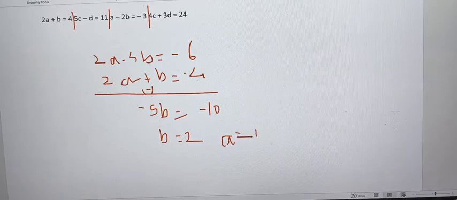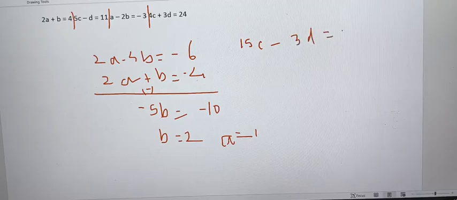Now similarly C and D value also we can solve. I am able to see 3D over here, so I can simply multiply this equation with 3. So 5 3s are 15C, then minus 3D is equal to 33. Then 4C plus 3D is equal to 24.